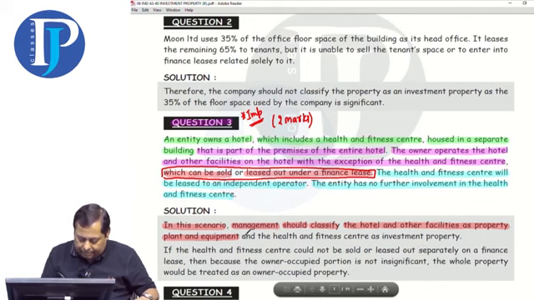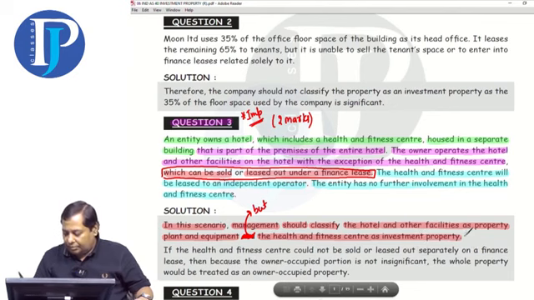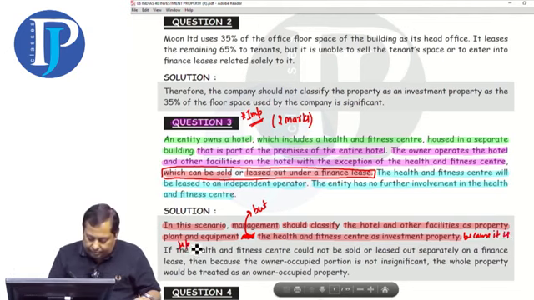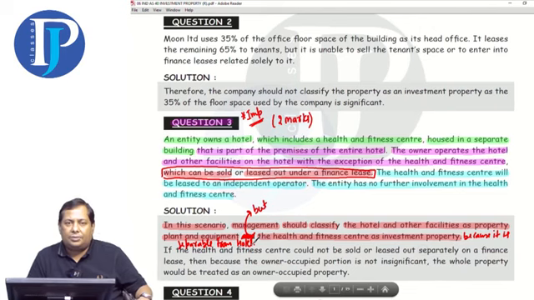The health and fitness center is an investment property, because it is separable from the hotel. Complete these lines. It's different from the hotel. It can be sold, it can be on finance lease. So it's a case of separable. If leased out, it becomes investment property.